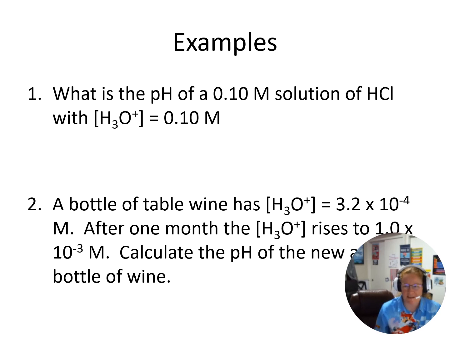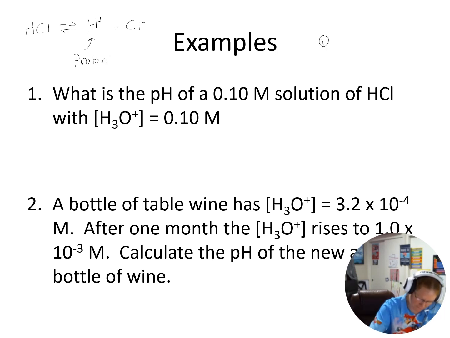So first off, let's do the pH of this 0.1 molar solution of hydrochloric acid. Hydrochloric acid is a monoprotic acid. When hydrochloric acid dissociates, it dissociates into that H plus ion plus a chloride ion. The H plus ion we call a proton, because if I have a hydrogen atom, I've got one proton and one electron.